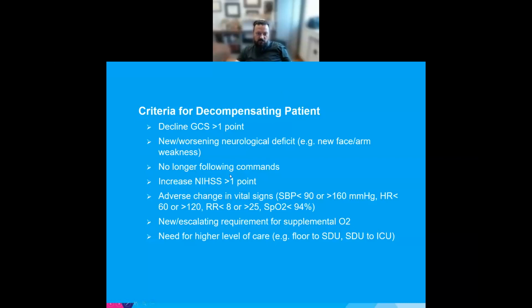So these are all criteria. This is not as extensive as what we had in the escalation of care policy, but I just wanted to drive home the point that these are all things that should be escalated to the chief resident and then rapidly to the attending as well.